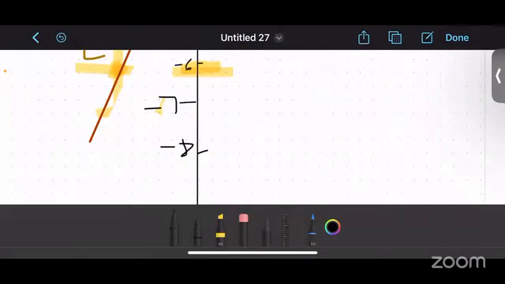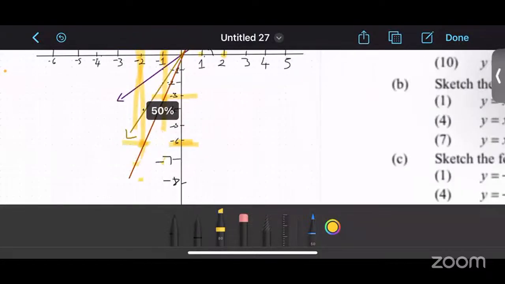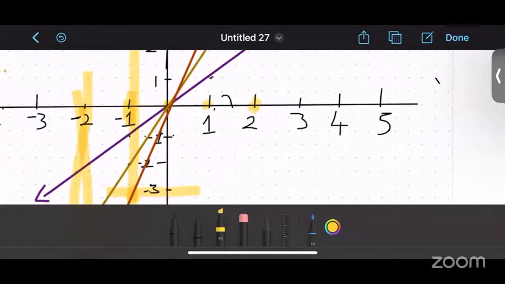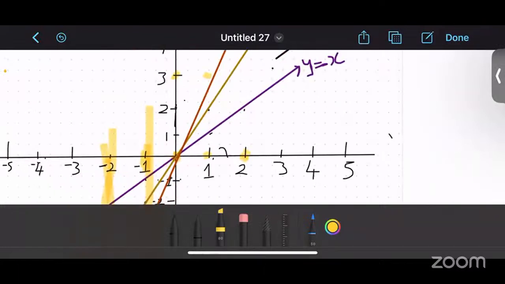Let me use this instead. Yes, and what do we have again? Minus 1 and minus 4, which is going to be somewhere here. And we have a 0 and a 0, right? So that one. And we have a positive 1 and positive 4, right?